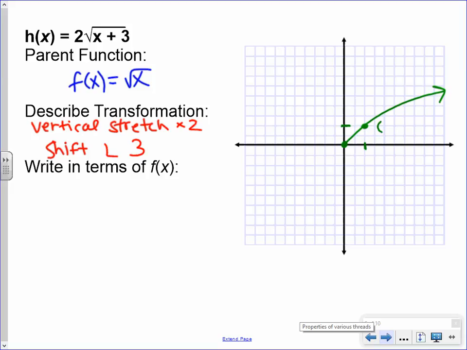So instead of this being the coordinate 1, 1, it is going to stretch to be the coordinate 1, 2. That's our vertical stretch. Okay? Then we can take those 2 points and we can shift them left 3. And so there is our new graph.